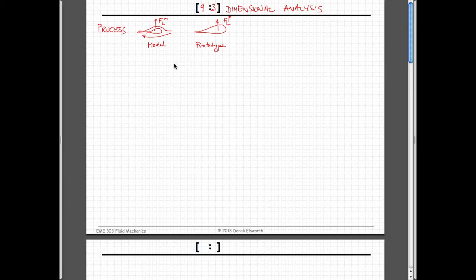And so the basic idea is that we could write out, we for instance know that the pressure multiplied by an area is going to equal a force, a lift force.